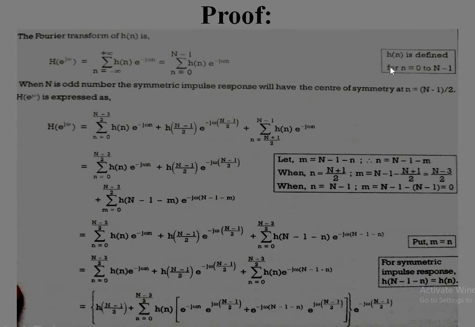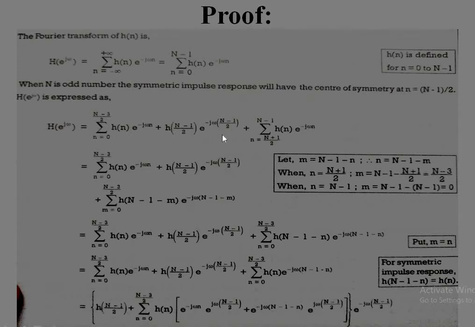As I have already said, this h of n is an odd numbered sequence and it has a symmetric impulse response with the center of symmetry at (n minus 1)/2. H of e power j omega now can be expressed with respect to various values of h of n. Since it has symmetry, I write this as sigma n equals 0 to (n minus 3)/2 h of n into e power minus j omega n, and it has its center of symmetry at h of (n minus 1)/2.